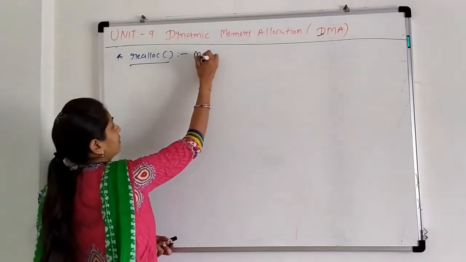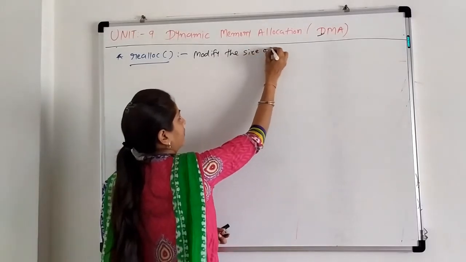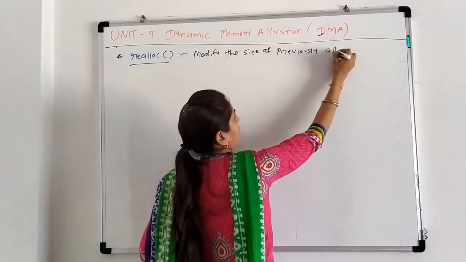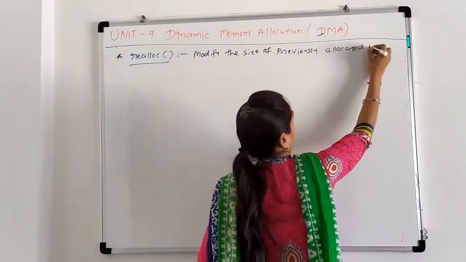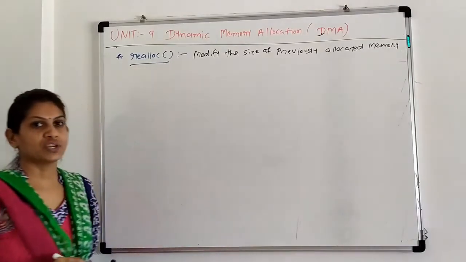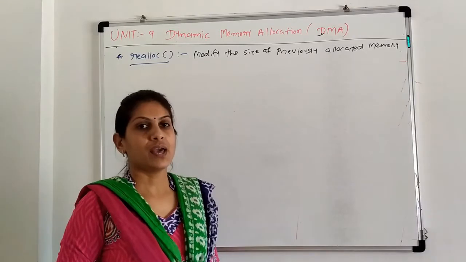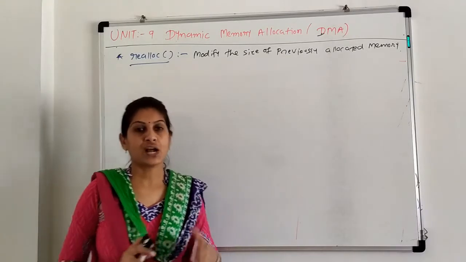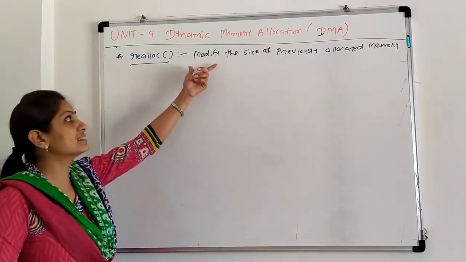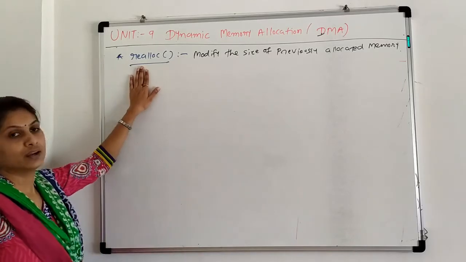It modifies the size of previously allocated memory. Suppose I allocate the memory with 100 bytes and now it is not enough. Now we want 300 bytes of memory. Then you can resize that memory, you can modify that size using realloc.